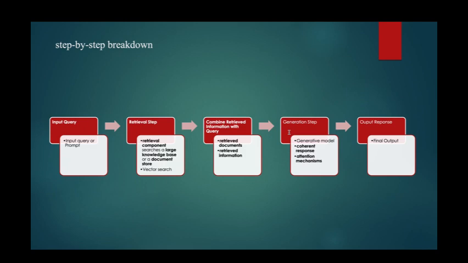Here is a step by step breakdown of how it works. As part of the input query, the process starts with an input query, or prompt, from the user. This can be a question, task description, or any other type of request that the system needs to generate content from.